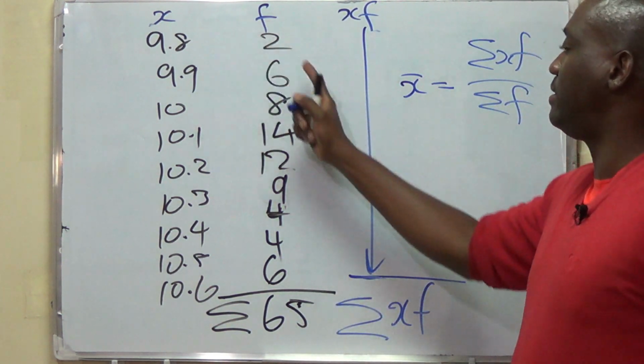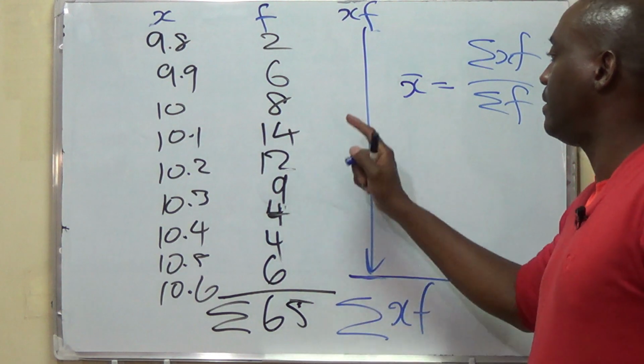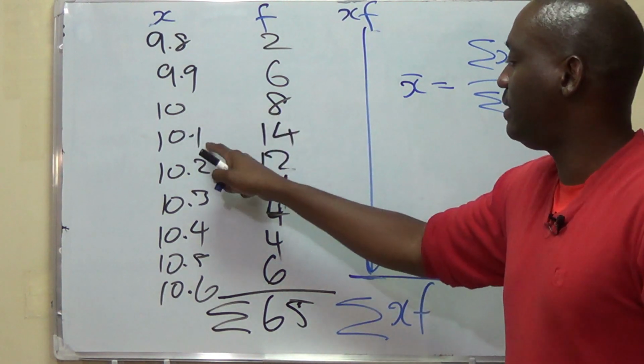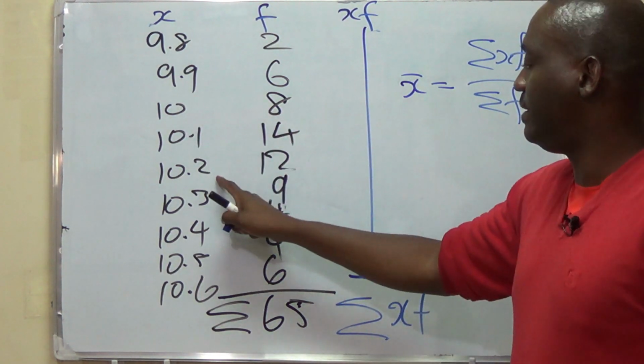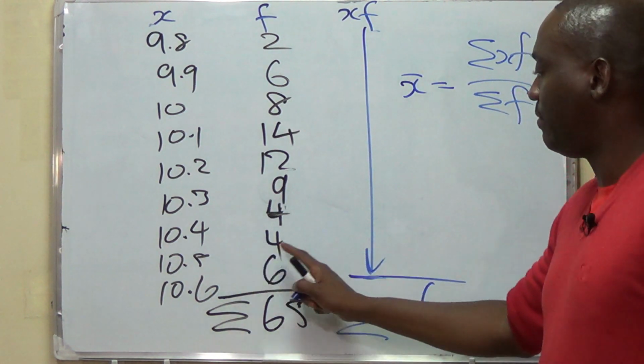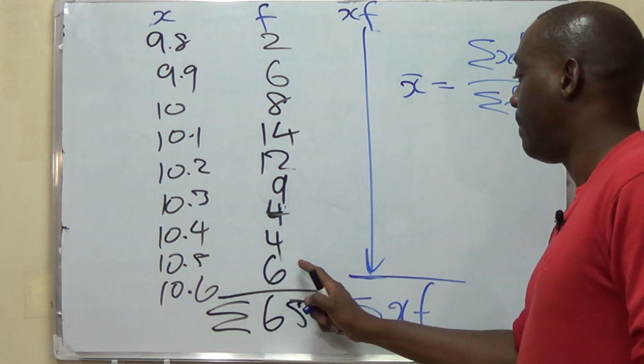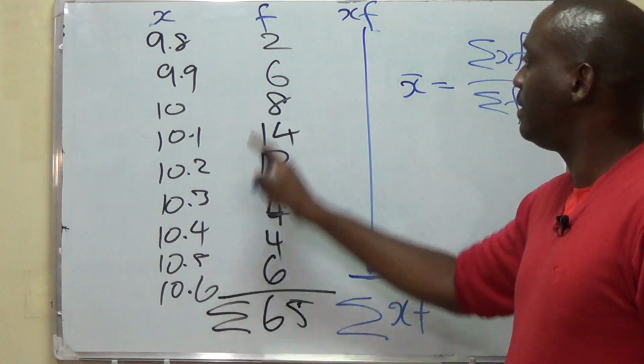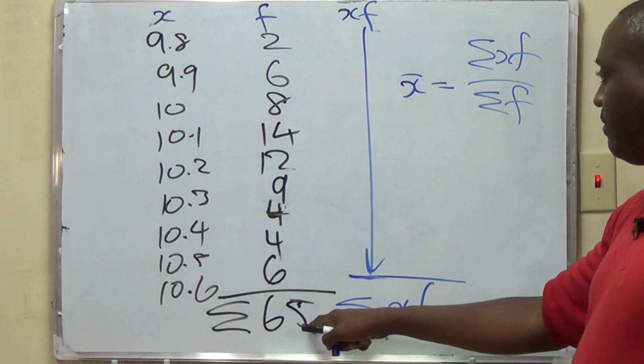2 of the 9.8s plus 6 of the 9.9s plus 8 of the 10s plus 14 of the 10.1s plus 12 of the 10.2s plus 9 of the 10.3s plus 4 of the 10.4s plus 4 of the 10.5s plus 6 of the 10.6s. All of that adds up to give you 65.